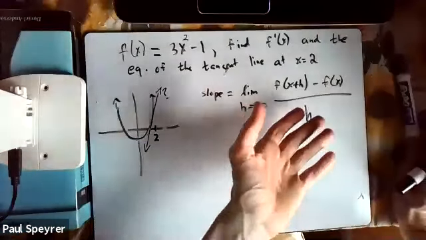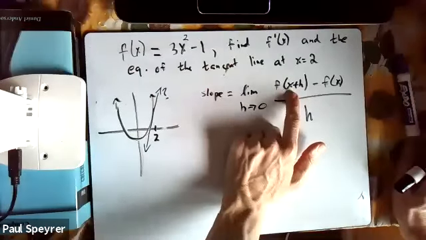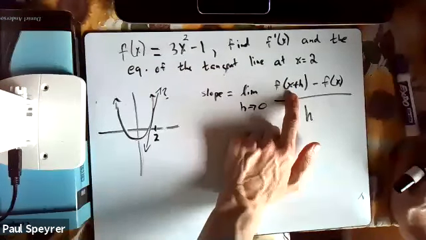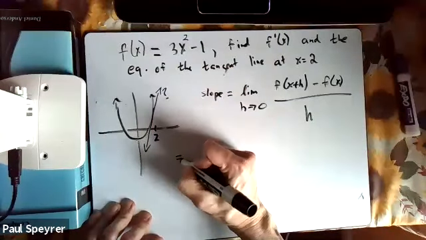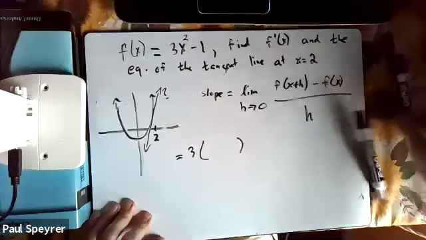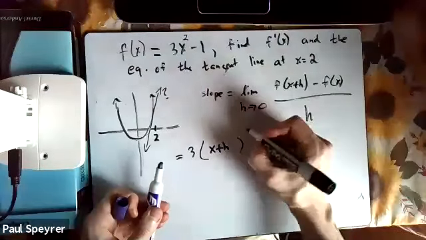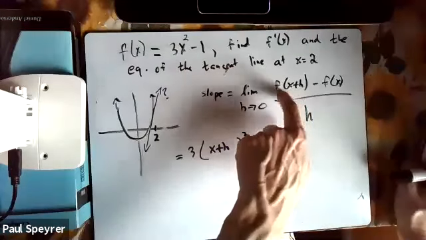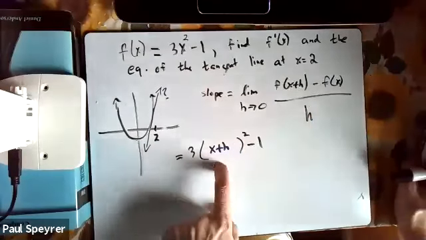So this, you work it out the same way that we did in the previous section. It's just this f of x plus h. What does that mean? It just means wherever you see an x, you're also going to plug in that plus h. How would that look for this respective function right here? It's going to be 3, and then you're going to have x plus h squared minus 1. This is f of x plus h. Remember, whenever they say f of whatever that thing is, that's what you plug in for x.